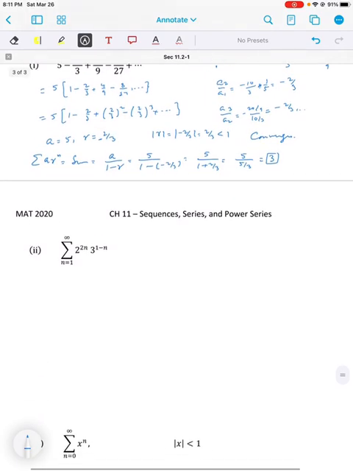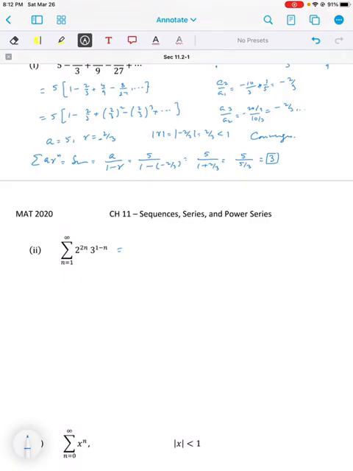Okay, so the next example is given in a little more compact form. We first try to expand the terms and see if it can be written as a geometric series.